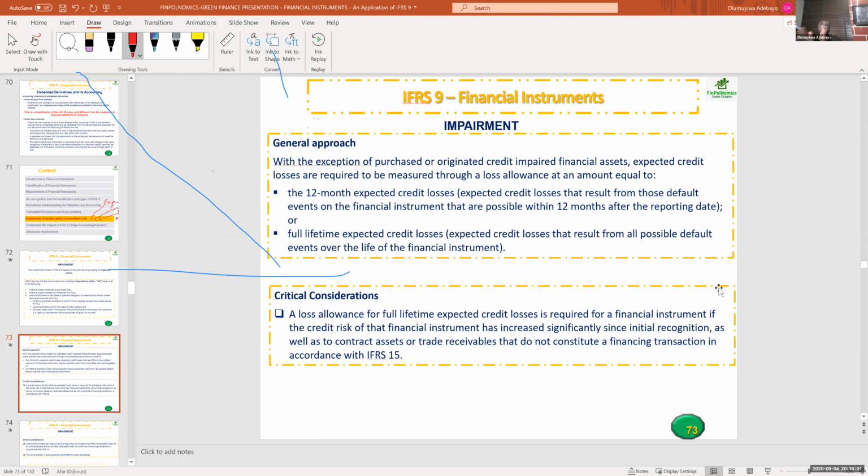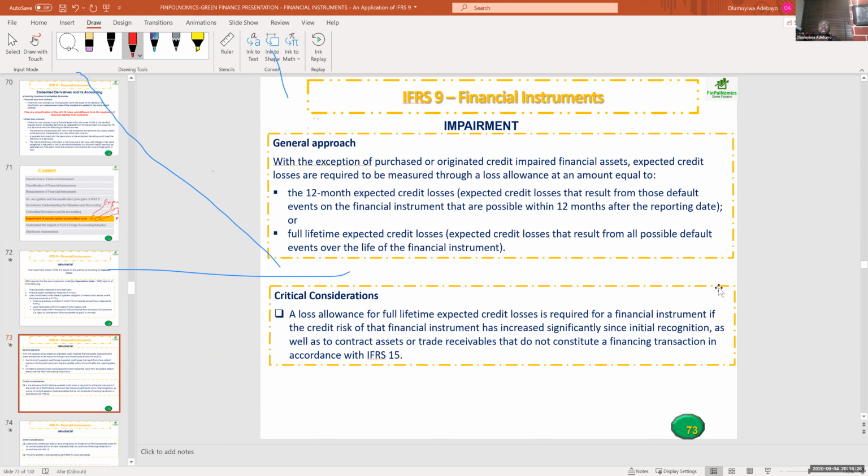There are two approaches in principle that can be adopted. The first approach is what we call the general approach. The general approach is the default approach which all financial assets are supposed to be subjected to for an impairment assessment.